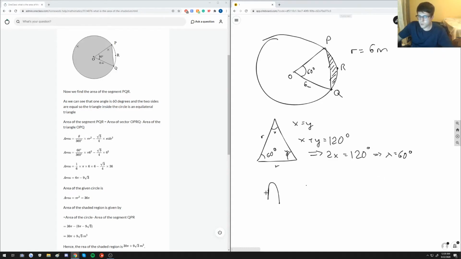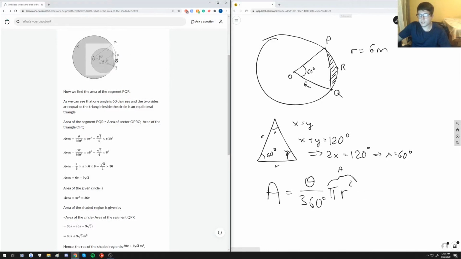So we write the area down here. Basically, it's going to be a fraction of the total angle of the circle, which is 360 degrees. As it's done in here, that is the correct way to approach it. We're writing our area as a fraction of the angle that we're given. So in this case, we're talking about this slice right here.